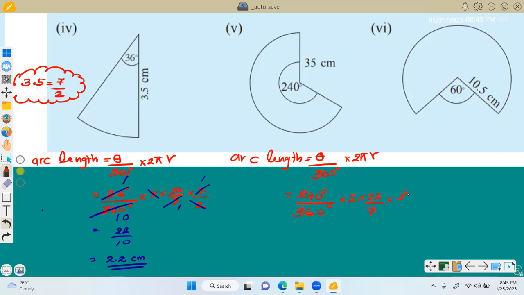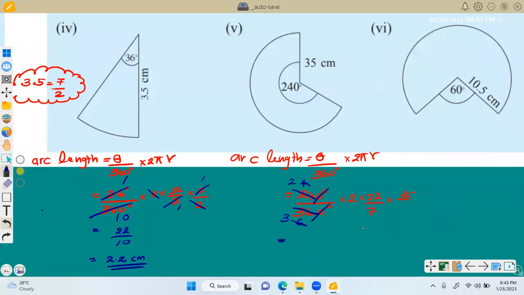R is 35. Now here if we simplify, 0 to 0 cancel. 24 divided by 6 it is 4. 36 divided by 6 it is 6. Again 4 divided by 2 it is 2. 6 divided by 2 it is 3.